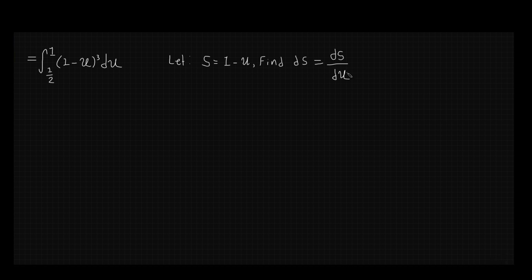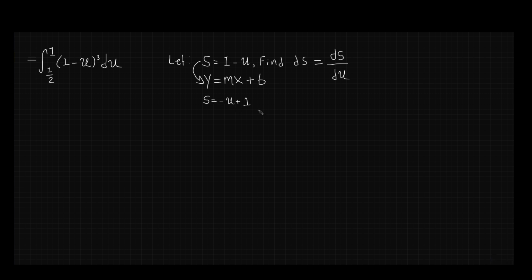That just means how fast does the output s change when I tweak the input u, and that's the concept of a derivative, right? Our function s equals 1 minus u is linear, similar to y equals mx plus b, where the slope m is the number in front of u. But if we look at our equation, s equals 1 minus u can be rearranged to make the slope more obvious.